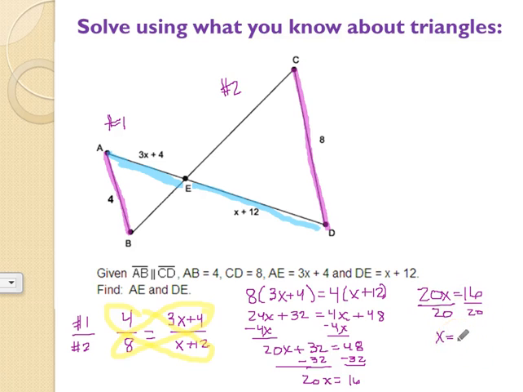So we can divide out a 4 from our numerator and our denominator. 16 divided by 4 is 4. 20 divided by 4 is 5. So our answer will be 4/5. X equals 4/5. And you will get practice with doing the same thing this week.